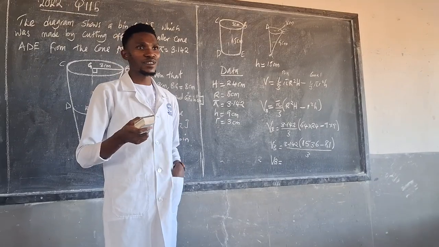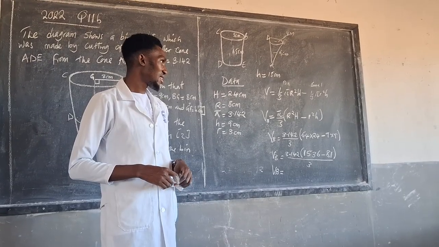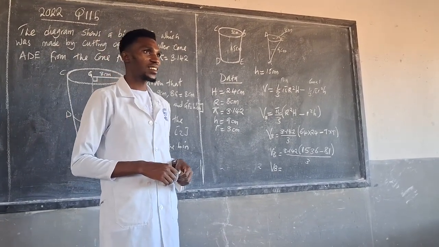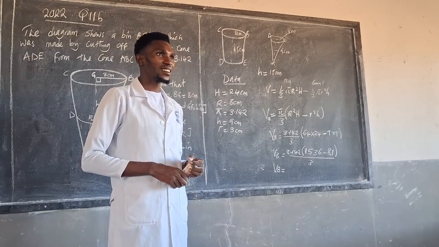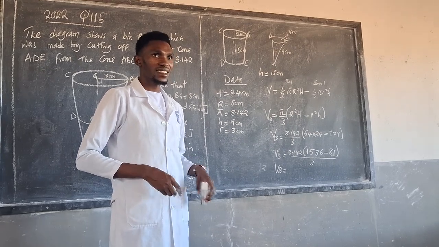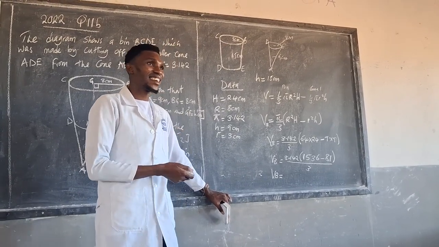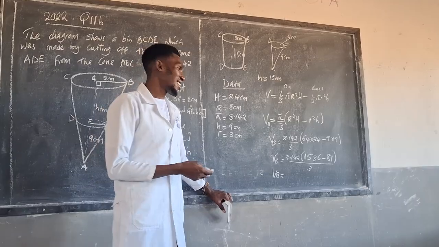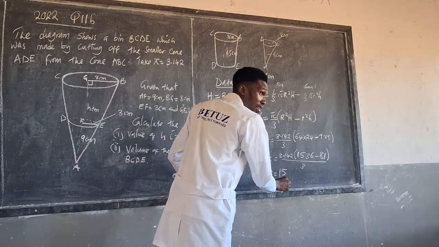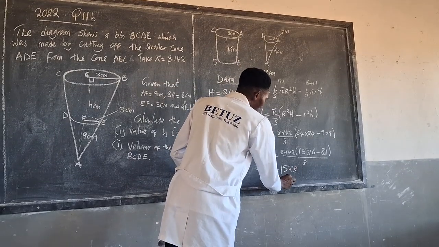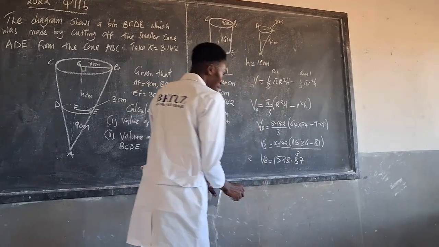Crystal will verify as well. Yes, Mora, what have we found? 1,523.87. So 1,523.87, that's what we have found, Mr. Bell.